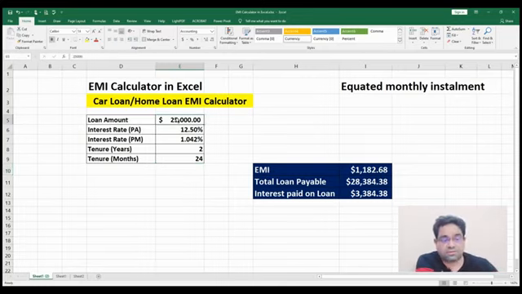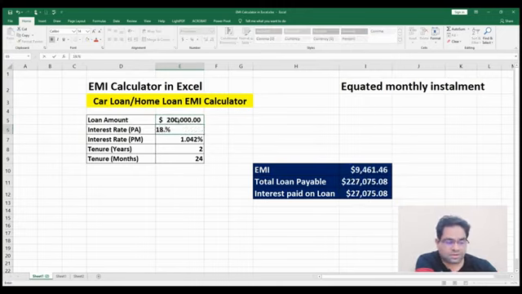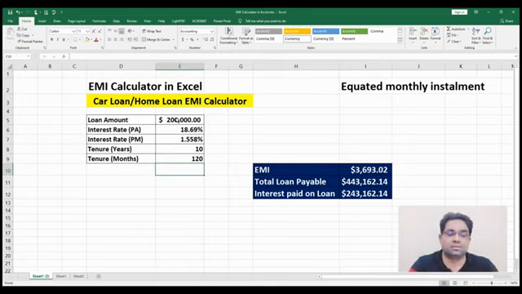Now let's take one more example. You are taking a loan of $200,000. The rate of interest is 18.69%, and you have taken the loan for 10 years. 10 years means 120 months. It automatically changes.